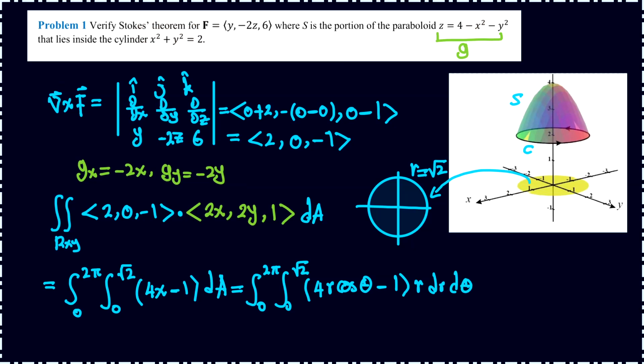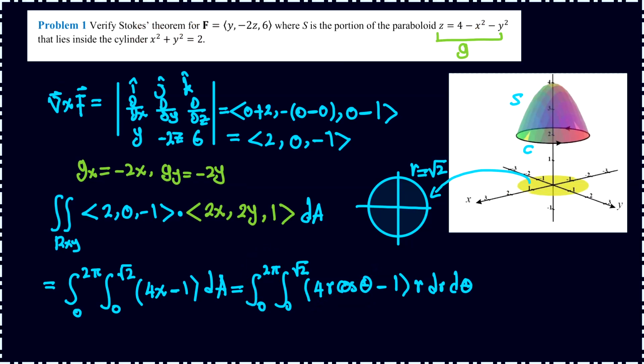Now notice that here we have the integral from 0 to 2 pi of cosine of theta. We've had that discussion. The net area of the graph of cosine theta with the horizontal axis from 0 to 2 pi is 0.